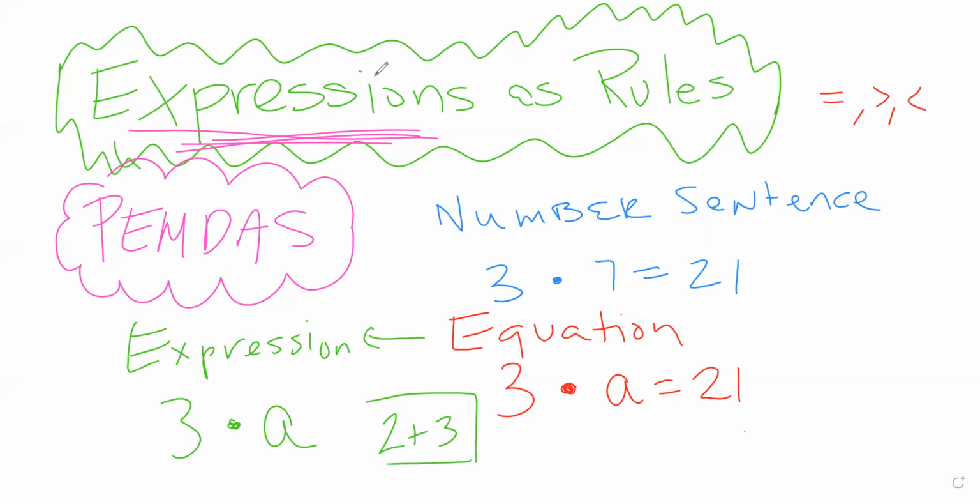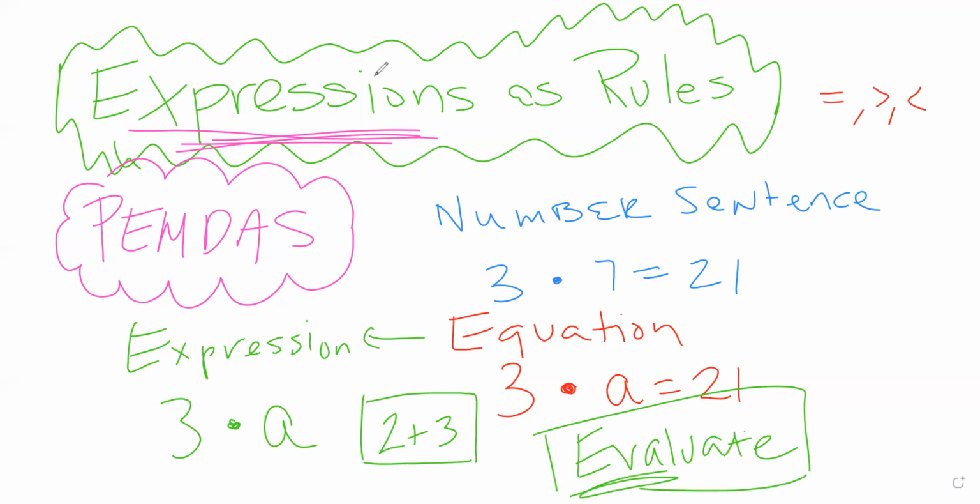There's no equal sign or greater than or less than, so there's no equality, and no solution written yet. We'll find them. That's the math in it. That's how we evaluate, that fancy word for solve. Anyway, those are expressions.